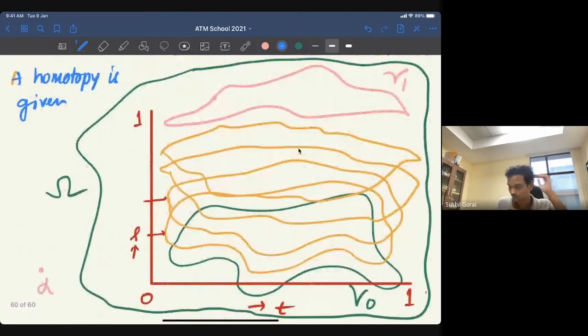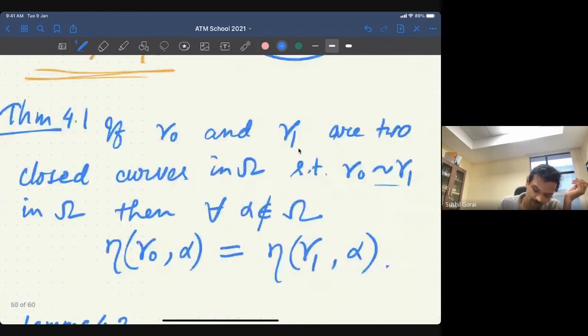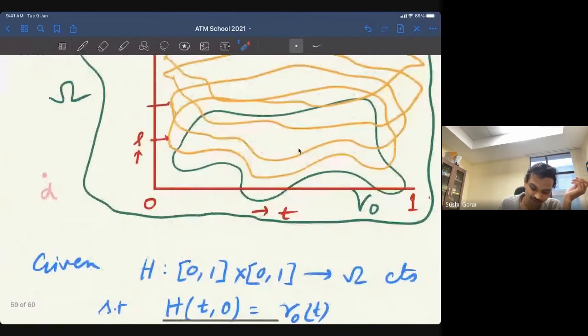That is the point. So we need to go from one thing to the other, and we have to apply this one, right? So we have to show this part, right? So this is what we are going to show.